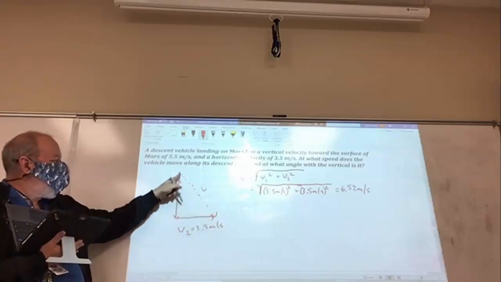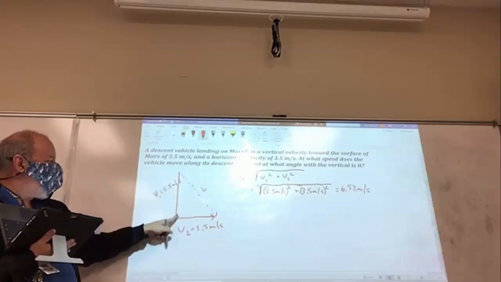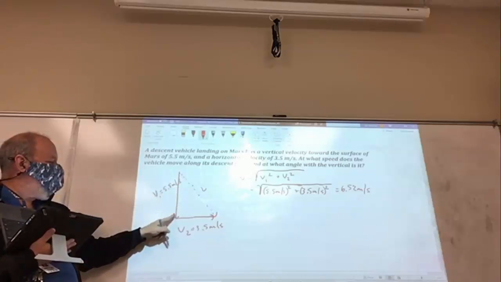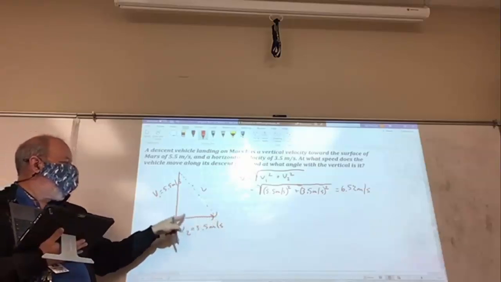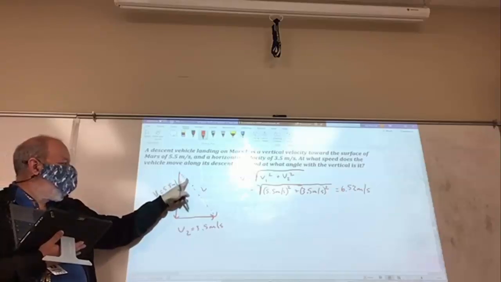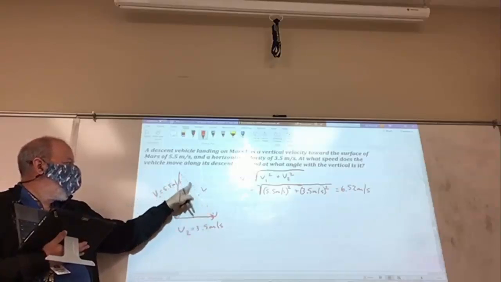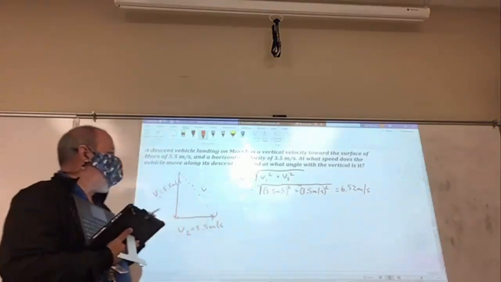So if I'm going in this direction, my ship can tell, hey, I'm descending at 5.5 meters per second, and I also have a ground speed of 3.5 meters per second, but that doesn't tell me how fast I'm actually descending along my descent path. I have to do this to figure that out.